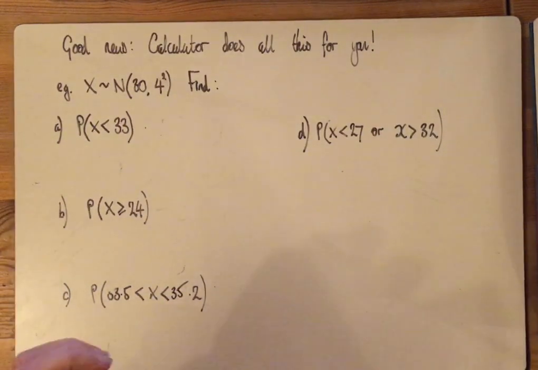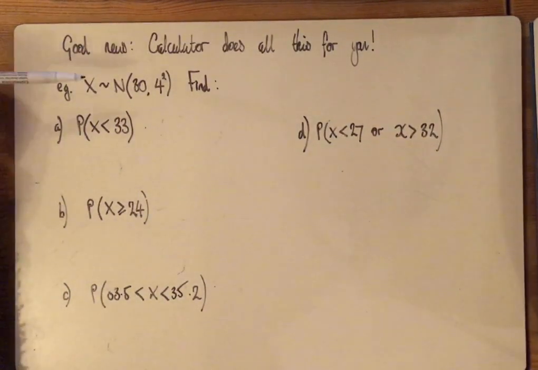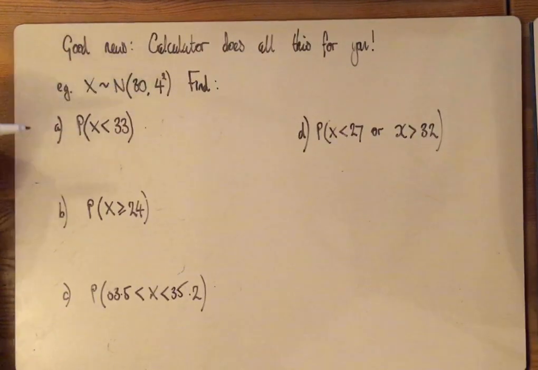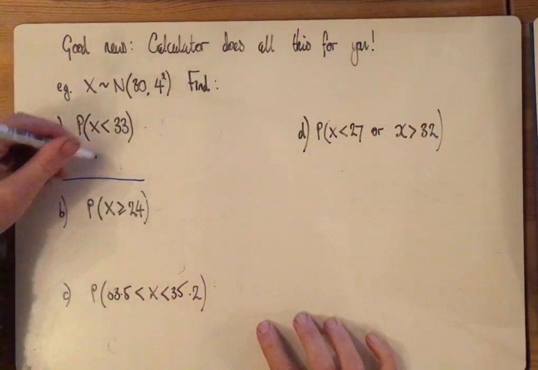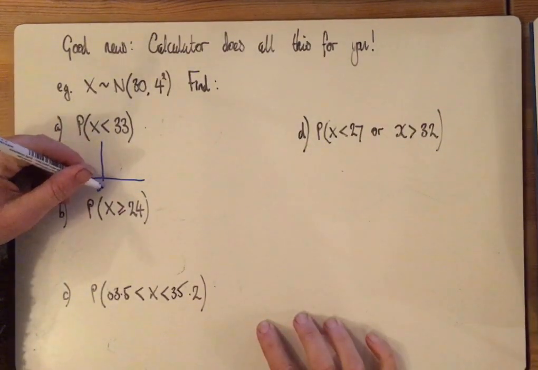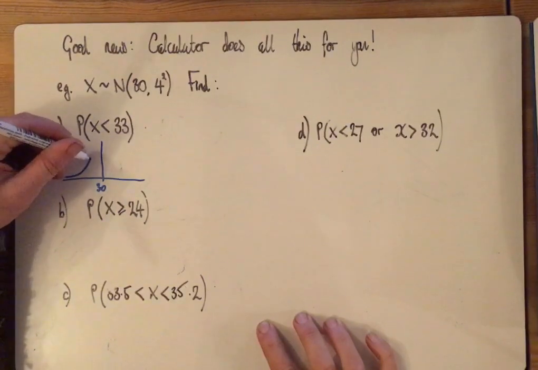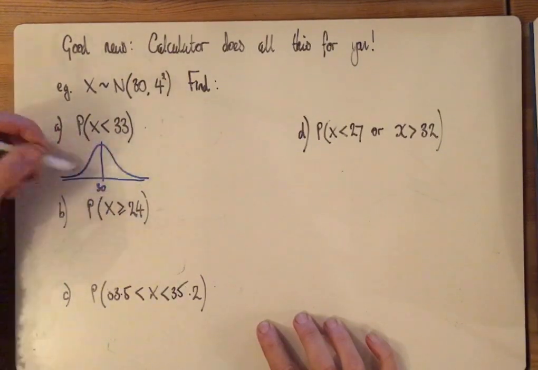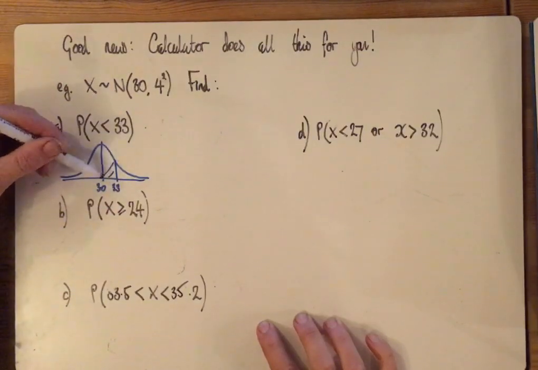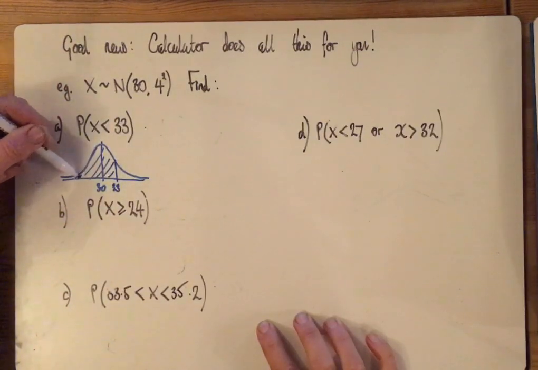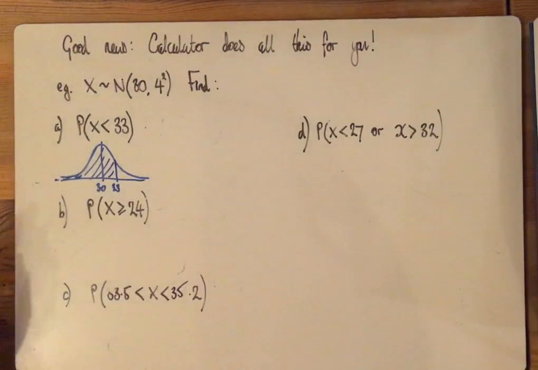So for this one here, I've got the normal distribution, mean of 30, standard deviation of 4, and we want to find the probability that x is less than 33. So if I draw this distribution, and we want the probability that x is less than 33, then I'm looking for this area once it's been mapped onto the standard normal curve.